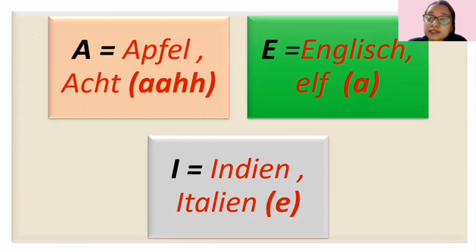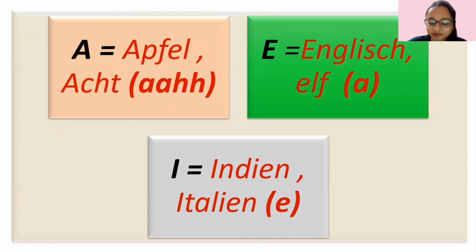I. The I sound will be ee. For example, Indien. Italien. So A as ah, E as eh, I as ee. Yes, they are a little bit tricky.